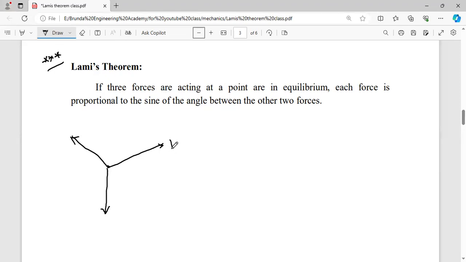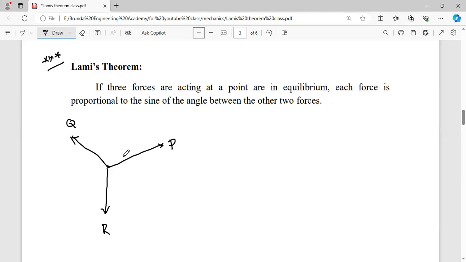Let us assume the three forces are P, Q, R. If three forces are acting at a point in equilibrium, each force is proportional to the sine of the angle between the other two forces.